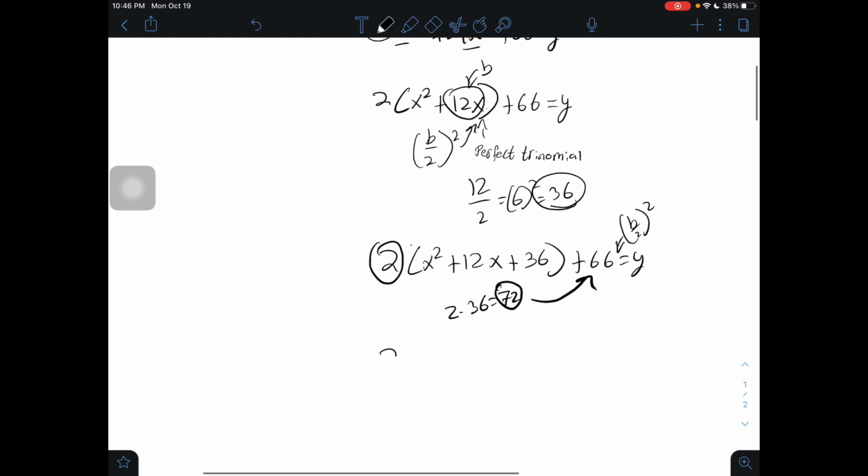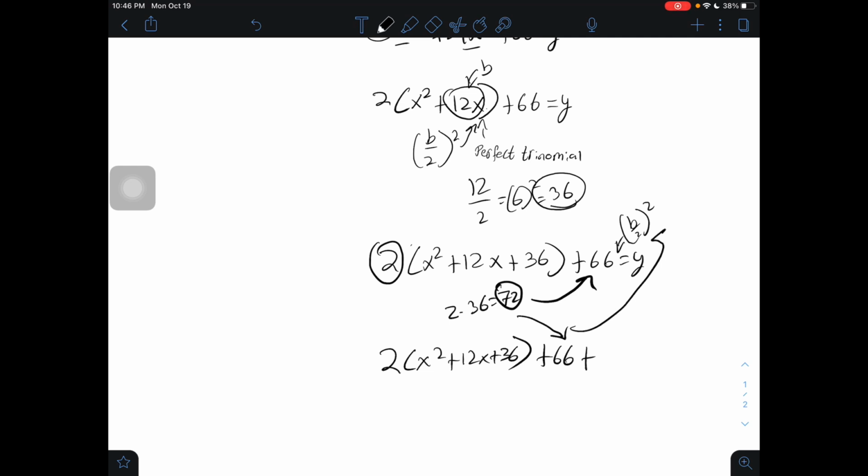So now we are left with 2 times x squared plus 12x plus 36 plus 66 plus the 72, which is our b over 2 squared. And that's going to be, this 2 is going to be distributed to that, making it 72, plus 72 equals y.